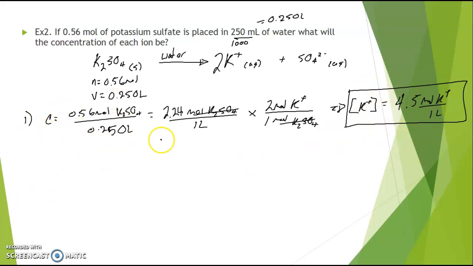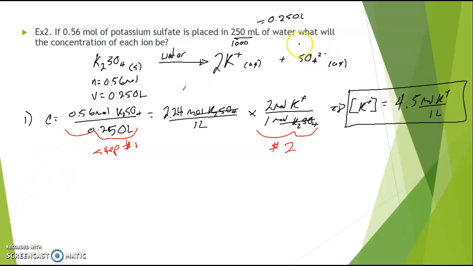So this was our first step here. This was step number 1. And this was step number 2, that mole ratio. And then we get our final answer. As you can see, this is pretty straightforward. We can just use this to do a straight calculation of unit analysis.